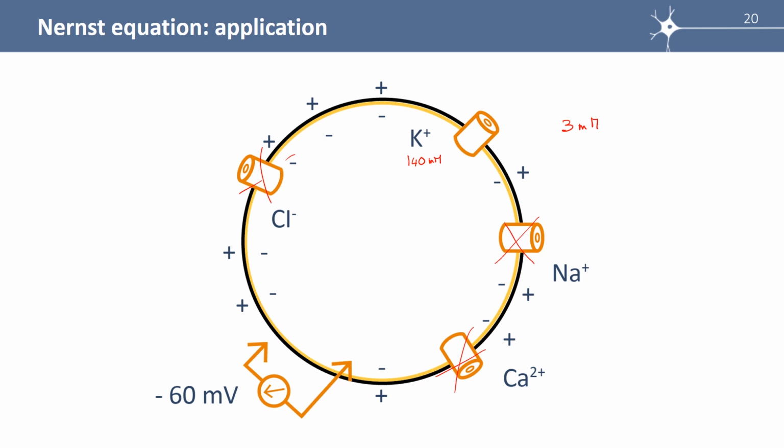And the membrane potential is minus 60 millivolts. Since the equilibrium potential of potassium, also called reversal potential, equals minus 97 millivolts, the potassium ions will go outside until the membrane reaches minus 97 millivolts.